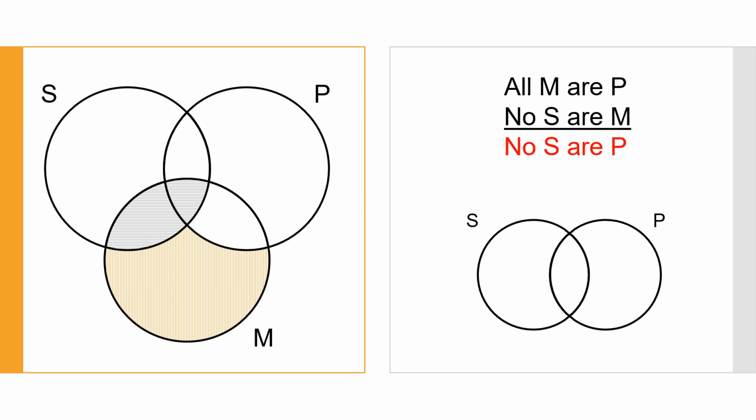So the last step is to simply compare this to the conclusion. Is the conclusion asserting the same thing? That is, does it agree? Well, the conclusion says I could never, ever have something that is both an S and a P at the same time. If we diagram this into a 2-circle Venn diagram, notice what I need to do is have everything in between the S circle and the P circle shaded.